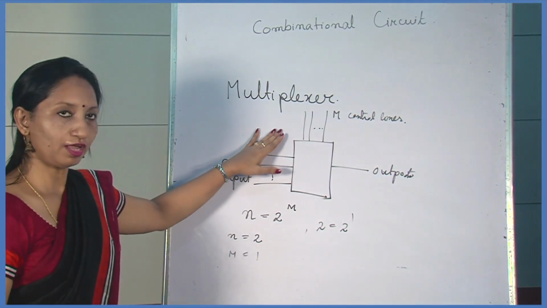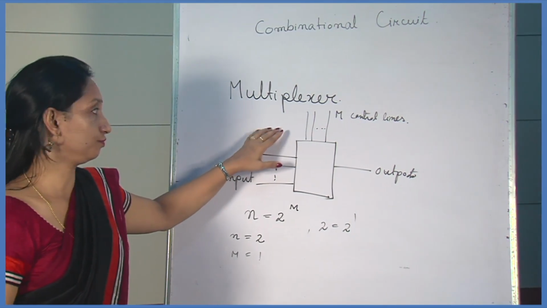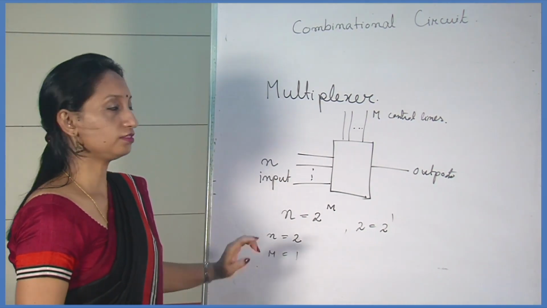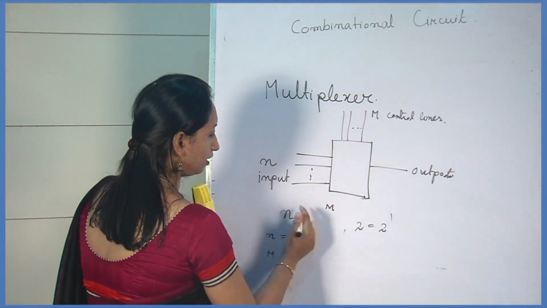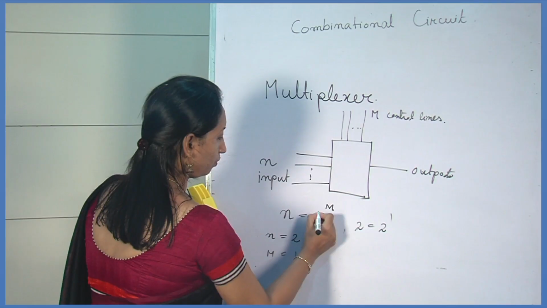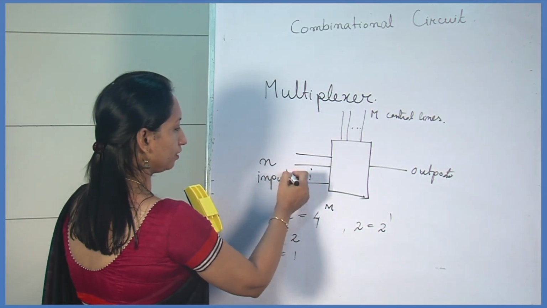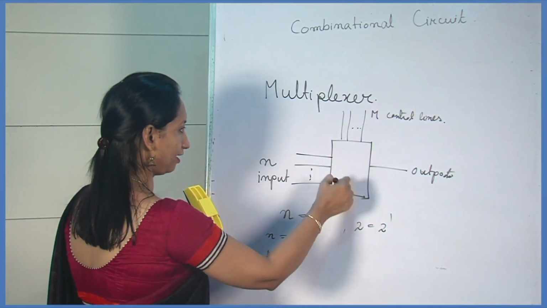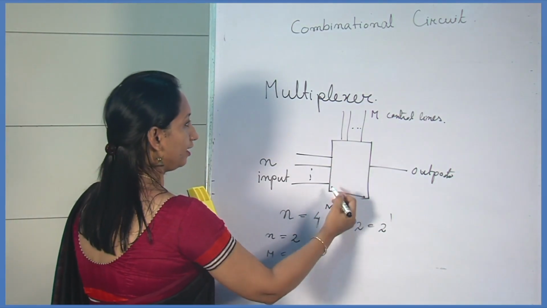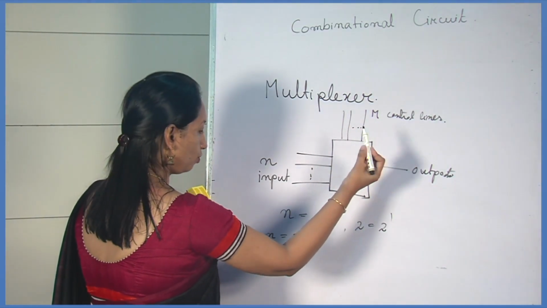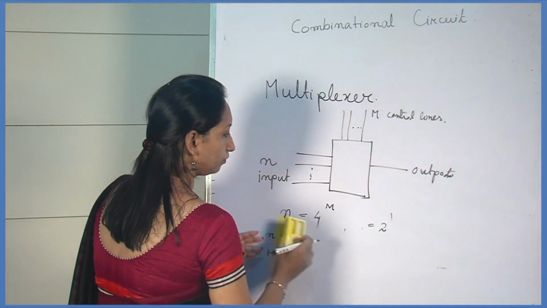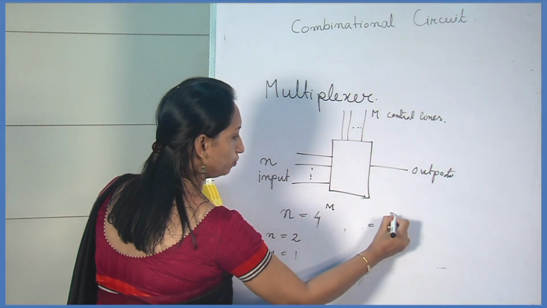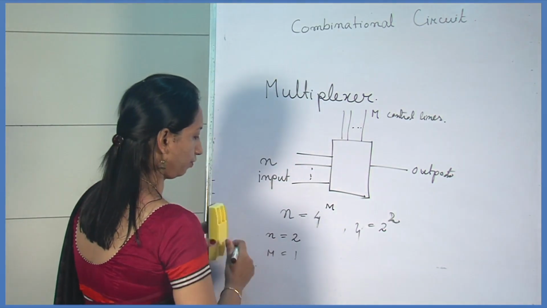This control line, or selector line, will be 1 when the input is 2. Again, if we consider 4 input signals applied to a multiplexer, then the number of control lines will be 2, because 2 to the power 2 is 4.